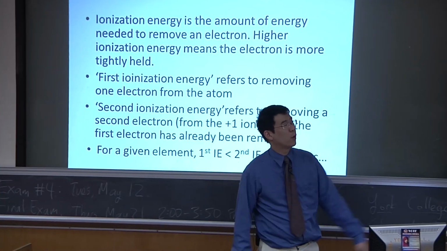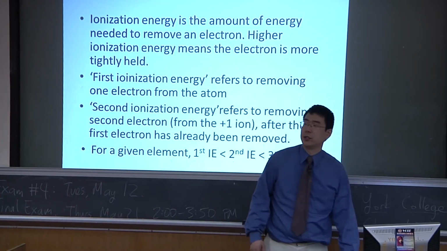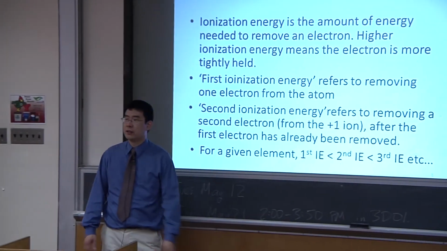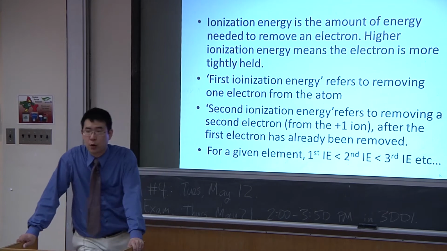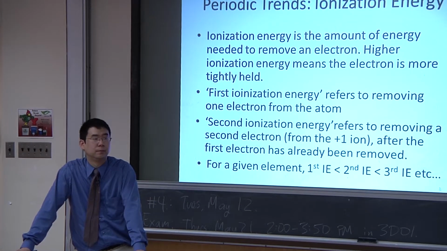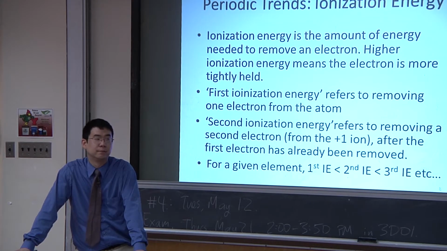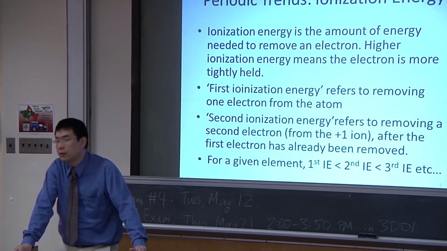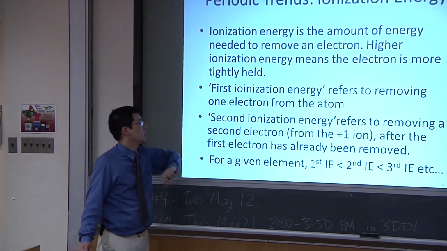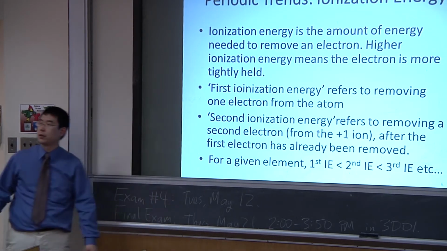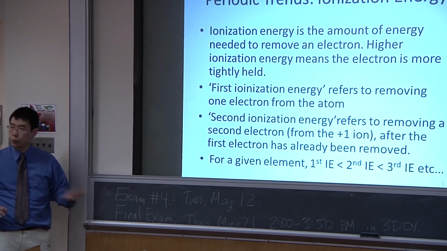Now, what about the second ionization energy for a group 1 element, say sodium? Is the second ionization energy going to be small or large? The second ionization energy is the energy that's necessary to remove the second electron after the first electron's already been taken away.